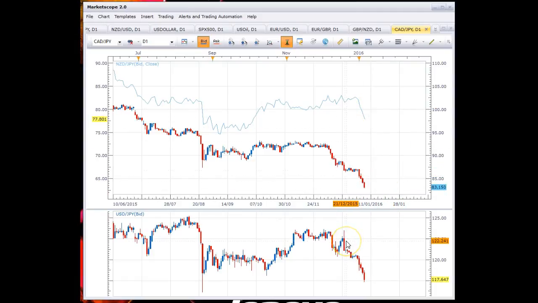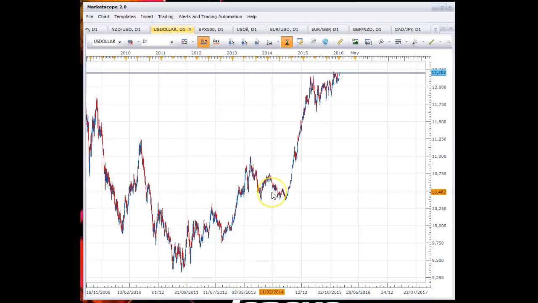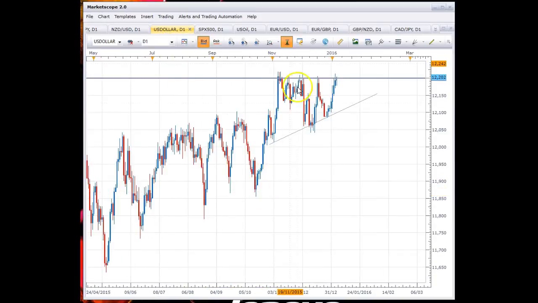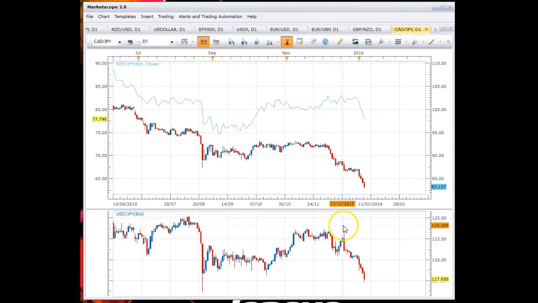But why is the US dollar depreciating against the yen, for example, when in fact the US dollar is quite buoyant at the moment, as you can see? It's pushing up against that all-time high, 12,200. So it's not really showing a sign of coming down on the daily chart. And therefore, that makes you really appreciate that the same currency, the US dollar, is doing different things.